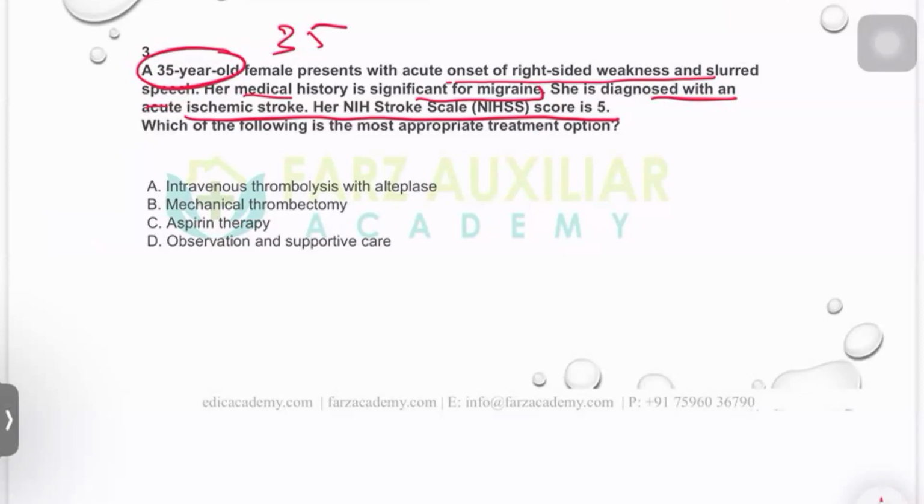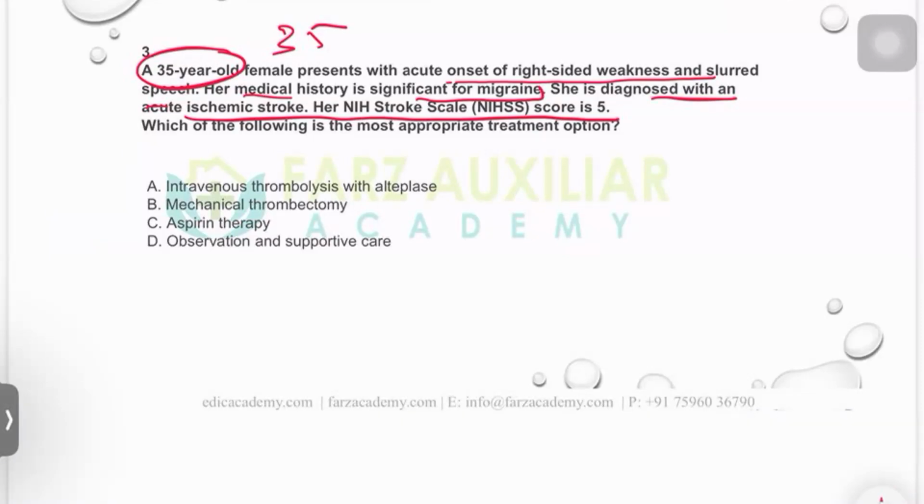So this patient has a history of migraine. She's just 35 and she has suffered an acute ischemic stroke with NIHSS score 5. Thrombolysis. Thrombolysis with TPA, please.